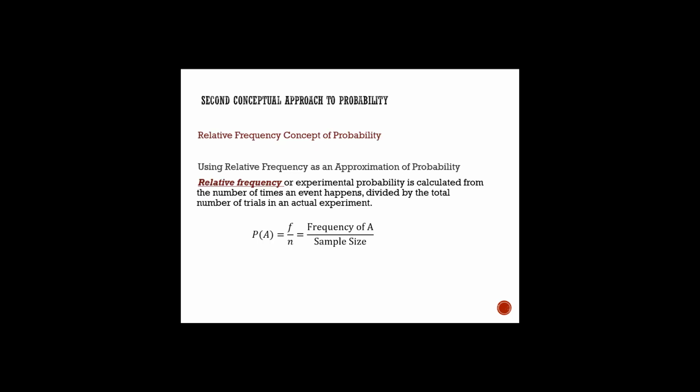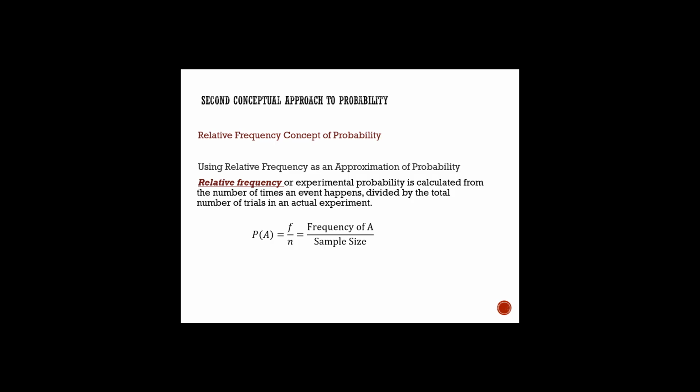The next probability, what we call relative frequency probability, is the one that we're going to use the most as we go forward, and as we do, most of our calculations will be dealing with relative frequency probability. And it's an experiment. The relative frequency is calculated from the number of times an event happens divided by the total number of trials in the experiment.